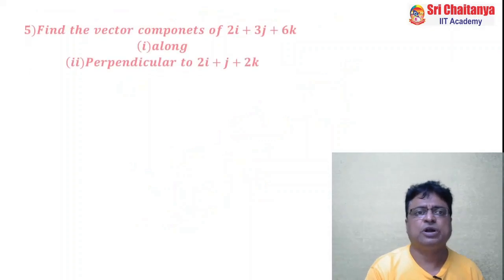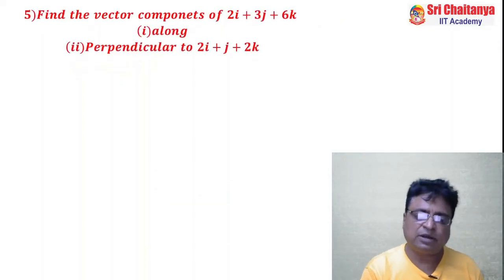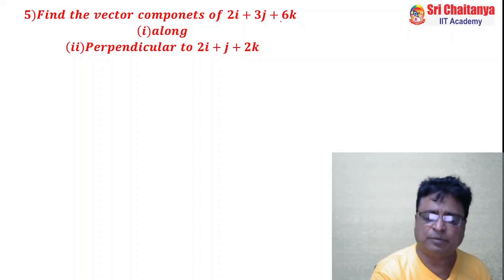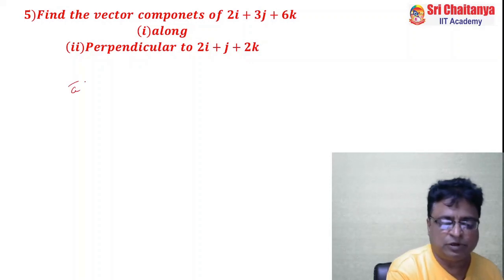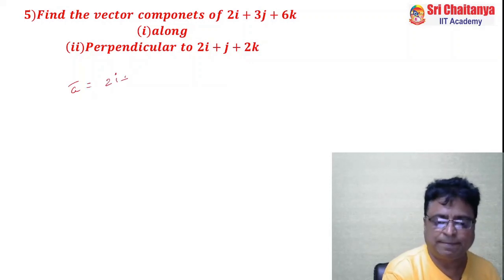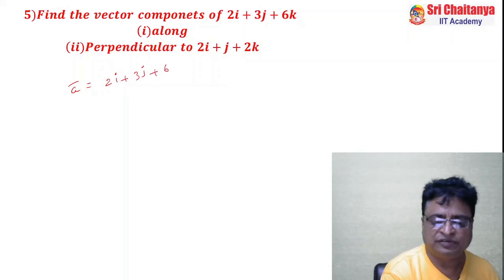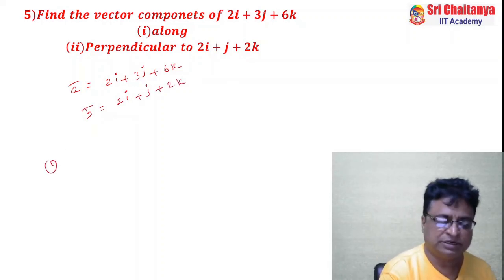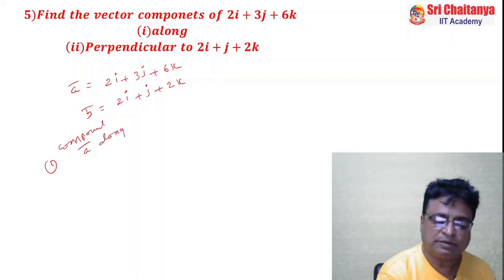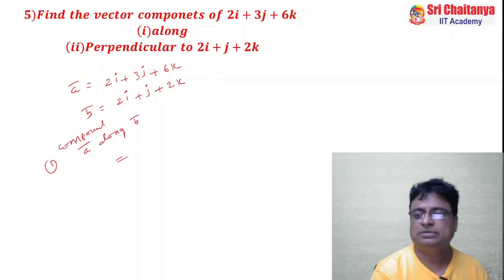Now, fifth problem. Find the vector components of this along and perpendicular to. That means a bar is equal to 2i plus 3j plus 6k, and b bar is equal to 2i plus j plus 2k. So the first question: the vector component of a bar along b bar.